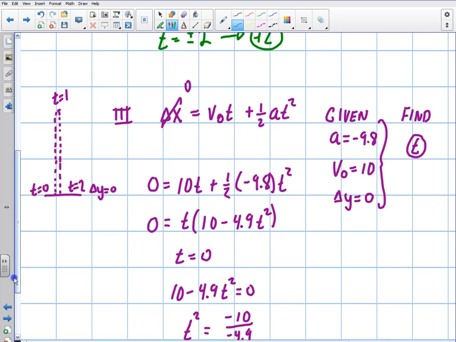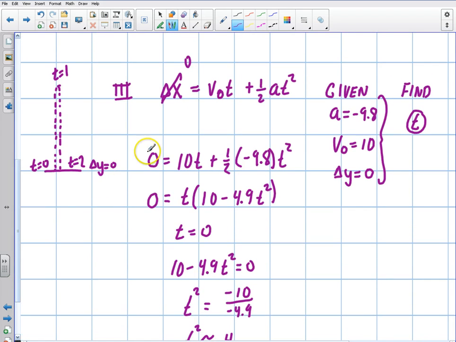On our final example, I gave you the scenario where this delta y could be 0. Let's say we threw something up and it landed back at the same spot that it started from, so I would have a delta y of 0. We end up with 0 equals, in this case, negative 9.8. It's thrown up with an initial velocity of positive 10, and the delta y is going to come back to where it started.